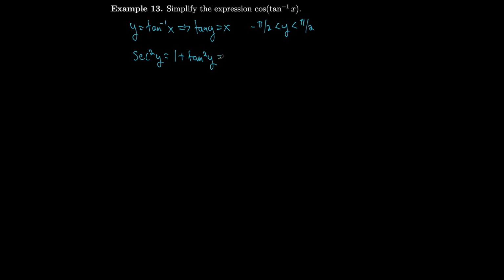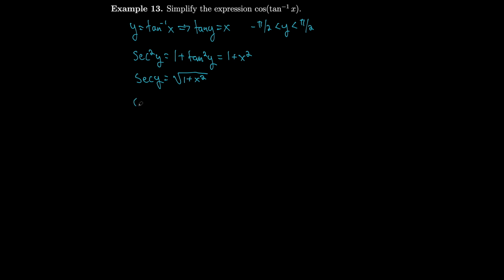We could prove that if we know that sine squared plus cosine squared is 1. So this is 1 plus x squared. By taking square roots, we get that the secant of y is equal to the square root of 1 plus x squared, which we can do because the secant is positive when we're in the values from minus pi over 2 to pi over 2.